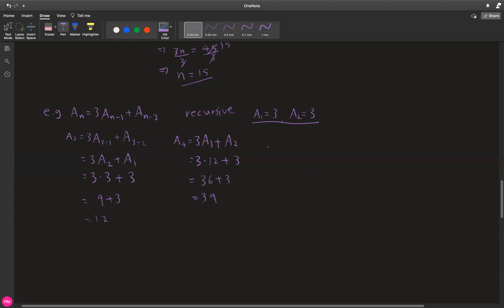Let's just do one more. So a sub 5. We're now used to this. So a sub 5 is determined by 3 multiplied by a sub 4 plus a sub 3. So now that's 3 multiplied by 39 plus a sub 3, which is 12.